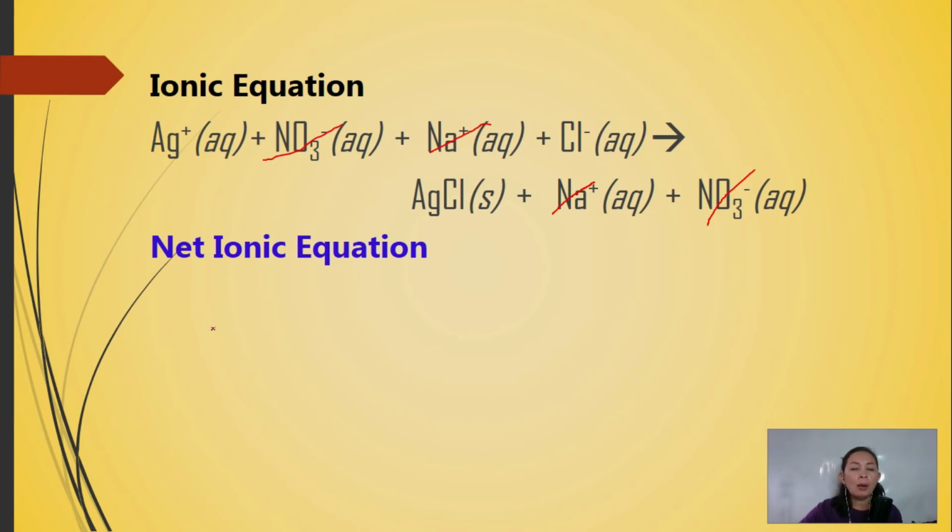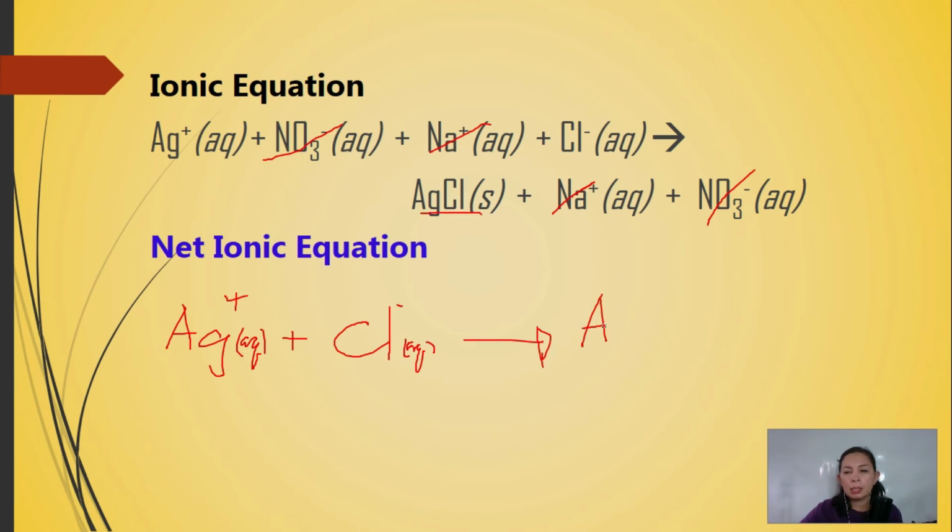Therefore, our net ionic equation will be: we have silver positive, AQ, plus Cl negative, also AQ, producing silver chloride. This is solid.